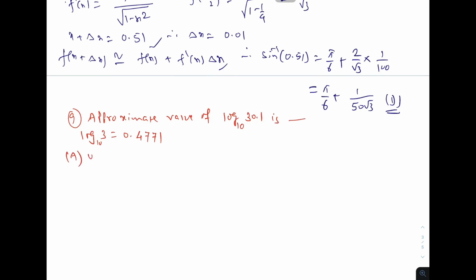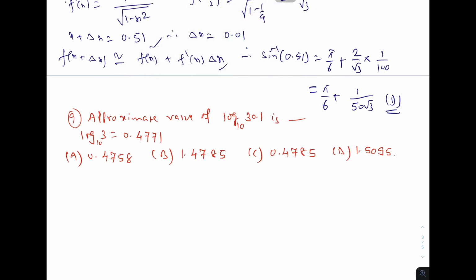Options are 0.4758, 1.4785, 0.4785, and 1.5095.